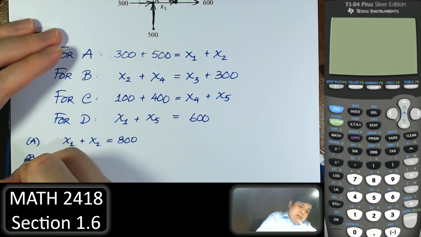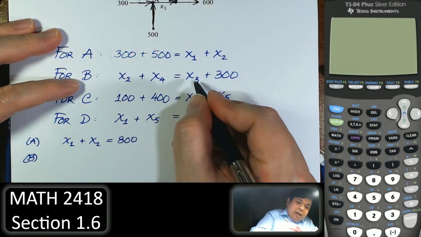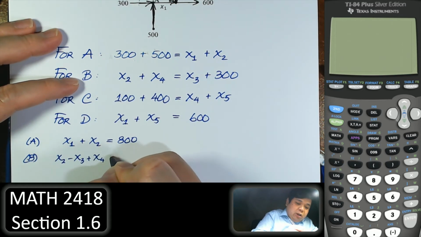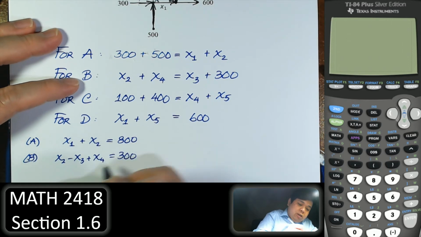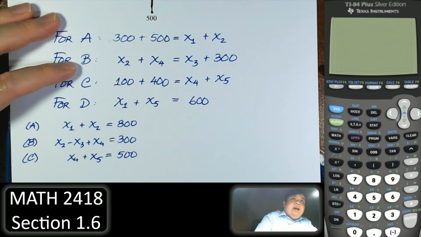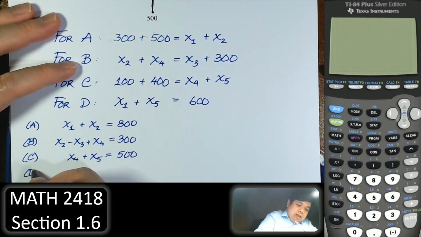Equation B, let's move x3 to the other side: x2 minus x3 plus x4 equal to 300. For C, x4 plus x5 equal to 500. And finally, for D, x1 plus x5 is 600.